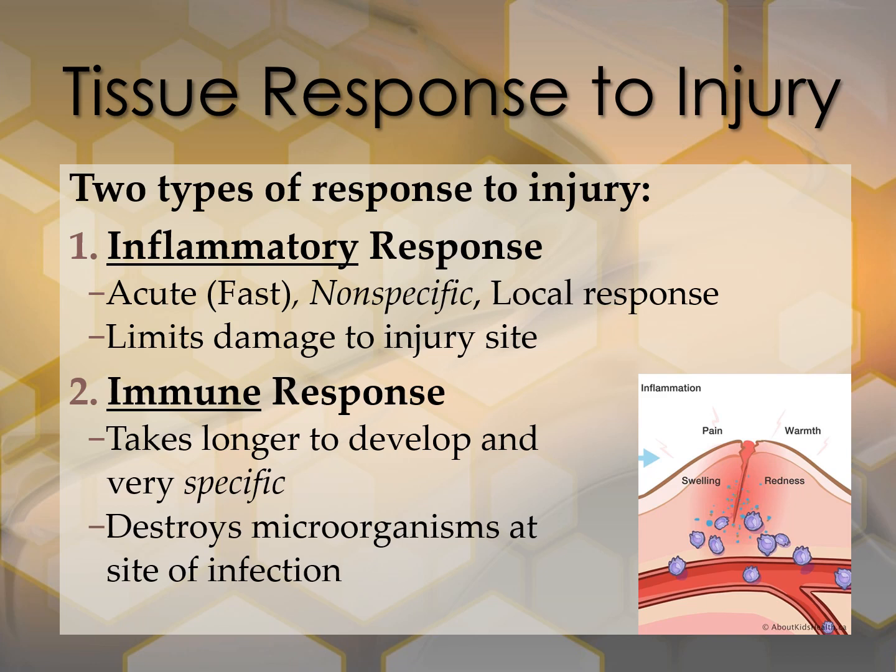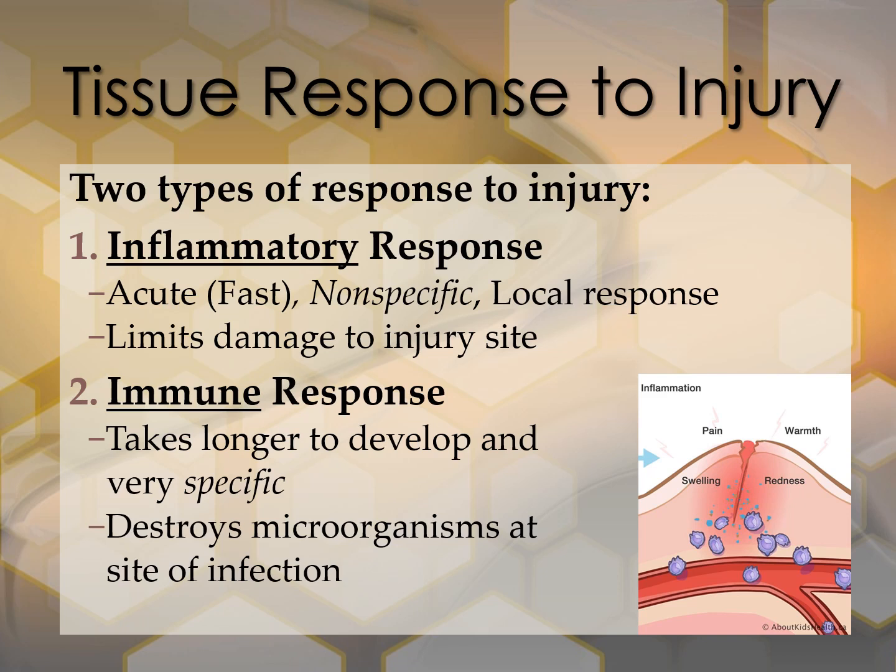Now, the immune response takes a lot longer to develop, and it's very specific. These immune cells seek and destroy very specific microorganisms. So say you cut yourself, right? You're going to have that immediate inflammatory response. And then you're going to ask, is there maybe a bacteria or a virus that got in there?